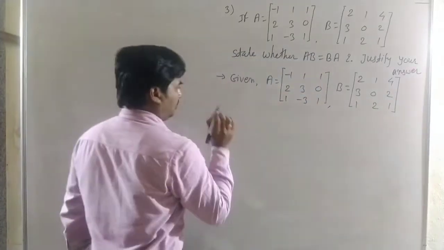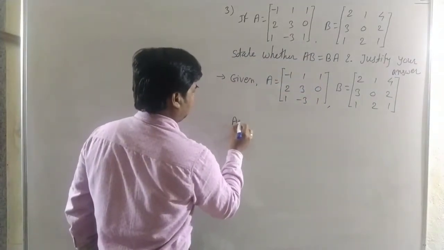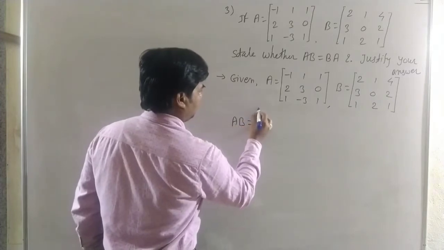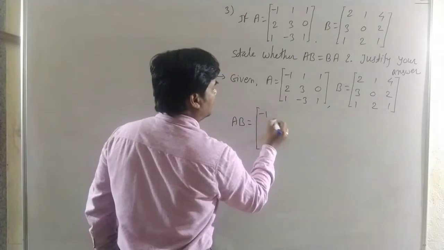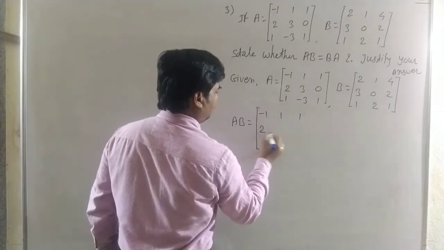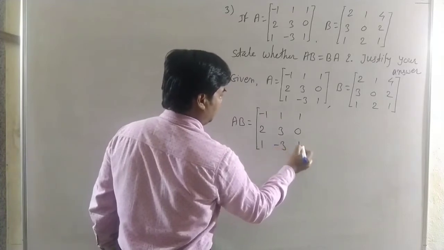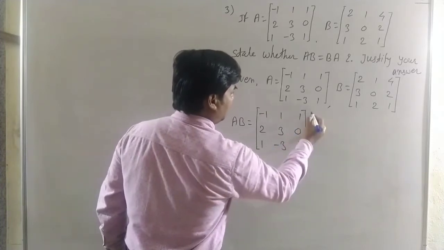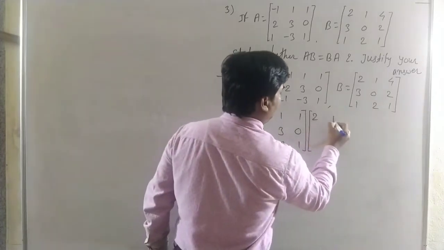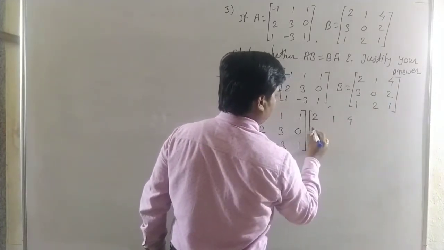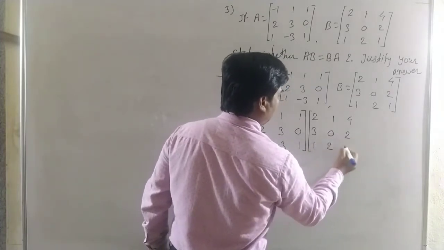Now first we find A into B. Therefore, the matrix A, minus 1, 1, 1, 2, 3, 0, 1, minus 3, 1, into 2, 1, 4, 3, 0, 2, 1, 2, 1.